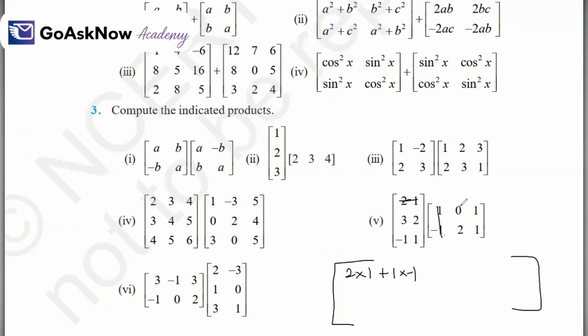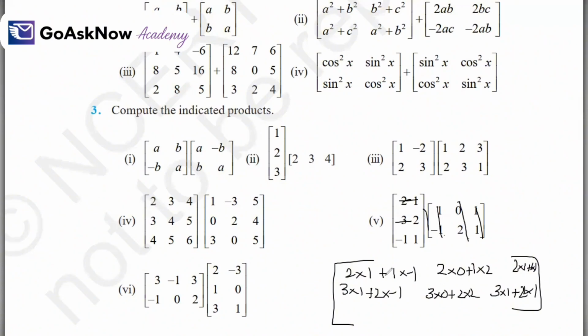Then 2, 1 multiplied to this: 2 into 0 plus 1 into 2. Then 2 into 1 plus 1 into 1. Then 3 into 1 plus 2 into minus 1. Similarly 3 into 0 plus 2 into 2, and 3 into 1 plus 2 into 1.